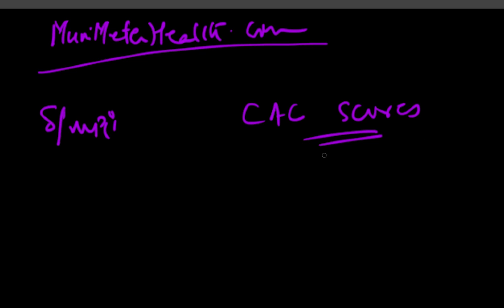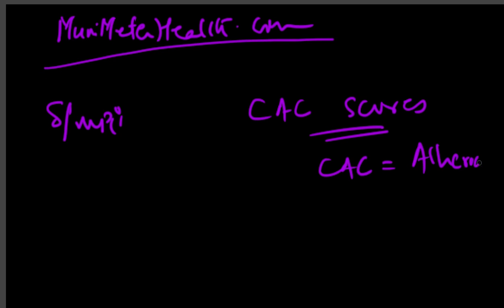Because we know coronary artery calcium scores are equal to atherosclerosis. Now, that's a given factor. Okay. Now, is that atherosclerosis significant or physiologically important? That remains to be answered. And therefore, if there are extensive coronary artery calcium scores, can we say comfortably that these patients can go for coronary angiography directly without going for stress MPI? So that's one question that we'll try to answer through this study.